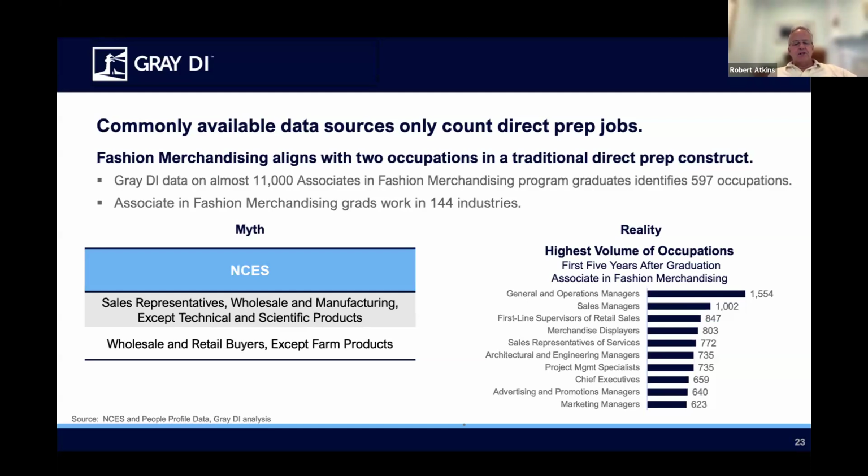They believe that we should only count jobs for which somebody has been directly prepared. And then they go further to say the jobs for which someone is directly prepared can be determined by people sitting around the table, generally in Washington, to say, here's the jobs that you have studied for. And if you get a different job, then it doesn't really count because you didn't study for that.